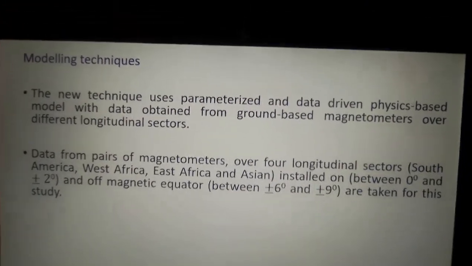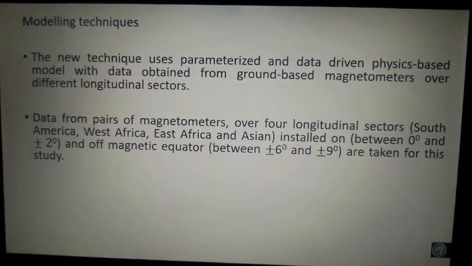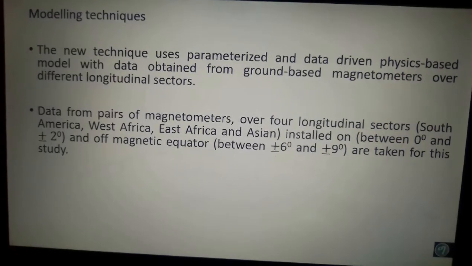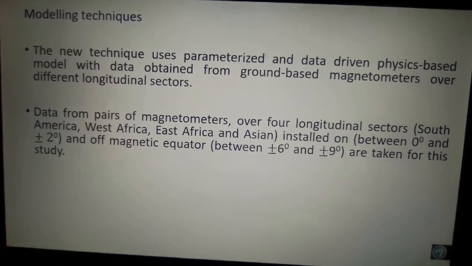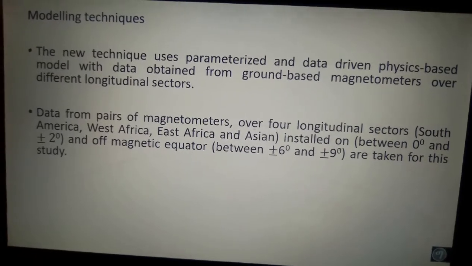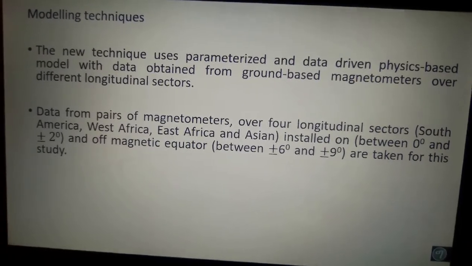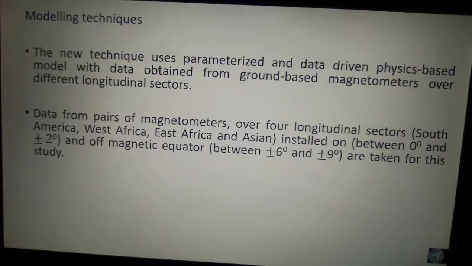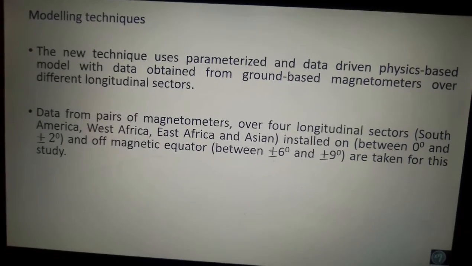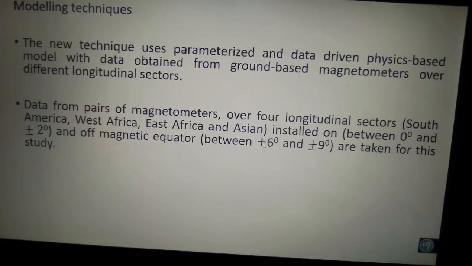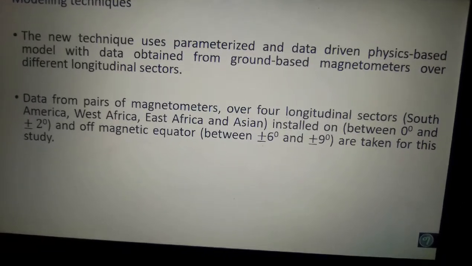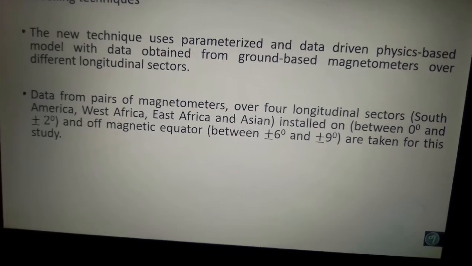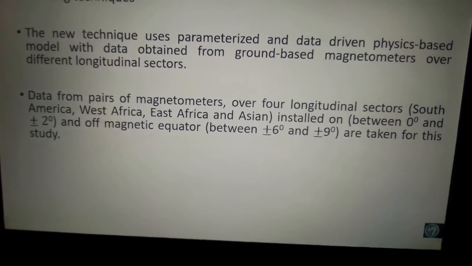Okay, modeling techniques. The new technique used is a parameterized and data-driven physics-based model. The data is obtained from ground magnetometers over different longitudinal sectors: the South American sector, West Africa, and Asian sectors.